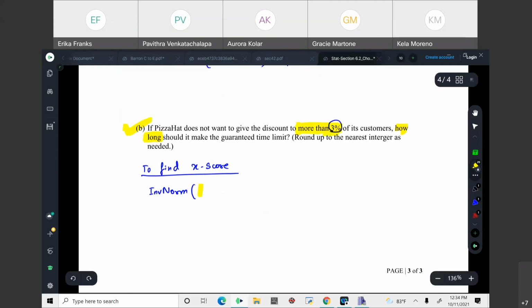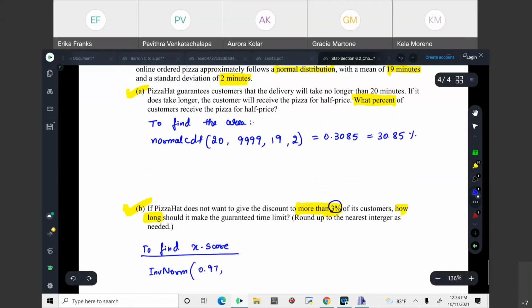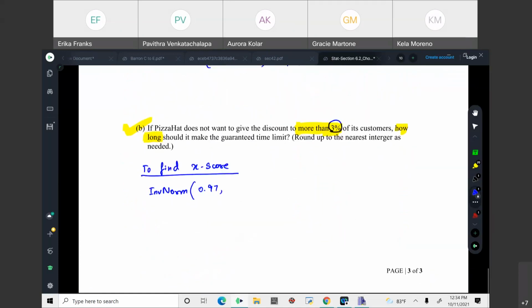Now remember, they are saying that it is more than 3%, so it is definitely 1 minus. Area is not given directly, so it is 1 minus 0.03, comma, or I can directly take it as 0.97, 97%, comma, the mean is how much? 19.